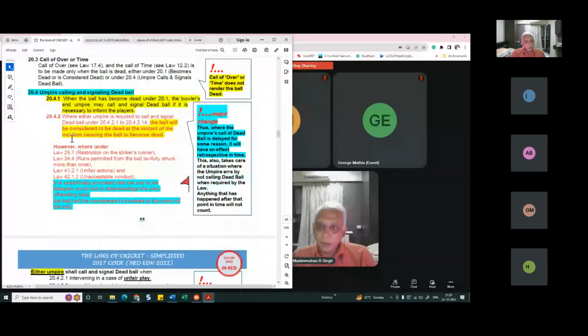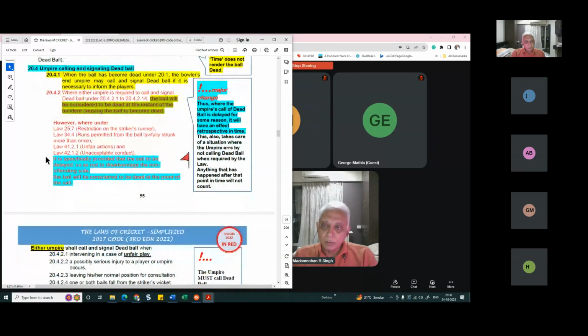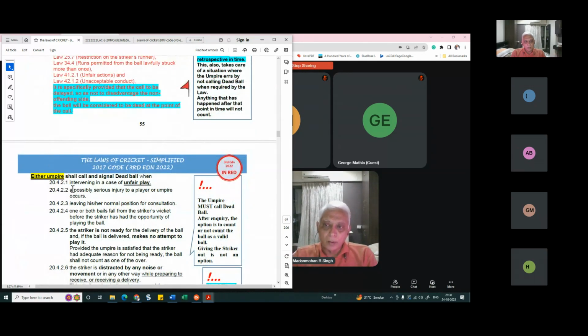Now going on to law 20.4.2, one of the things that I pointed out here: the ball will be considered to be dead at the instant of the incident causing the ball to become dead. This will have its effect also. Let us go over all these laws.